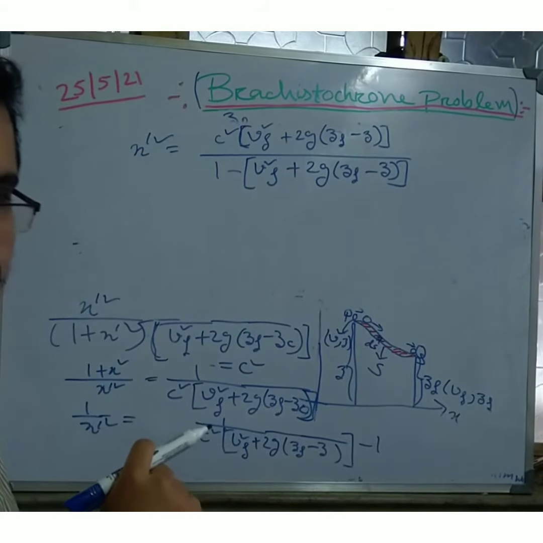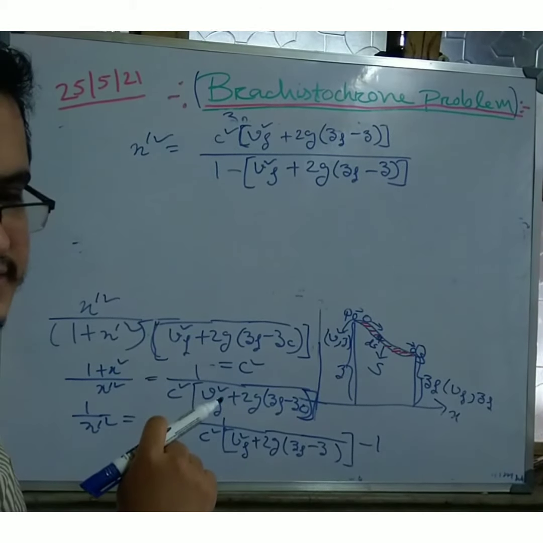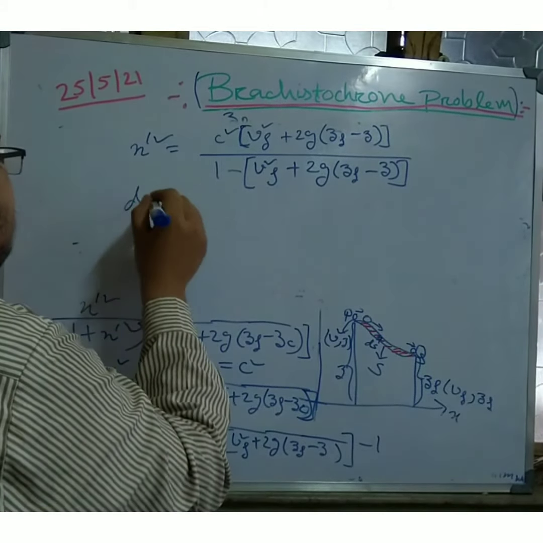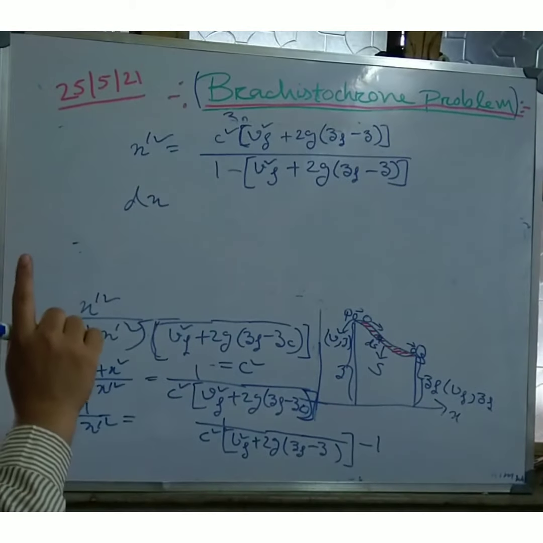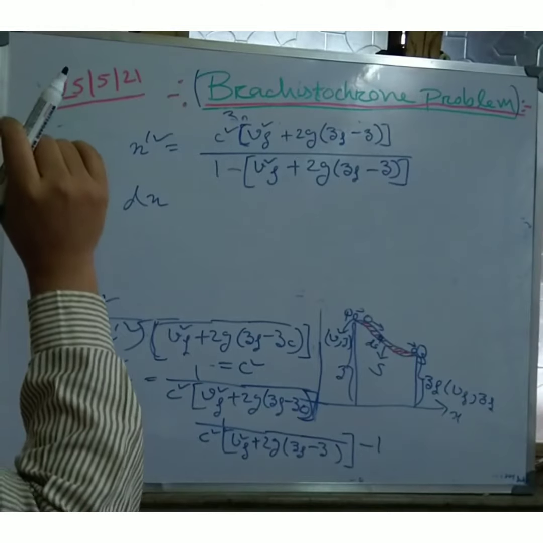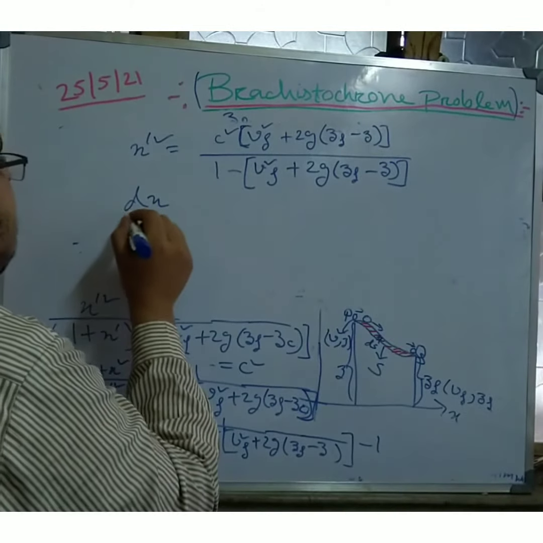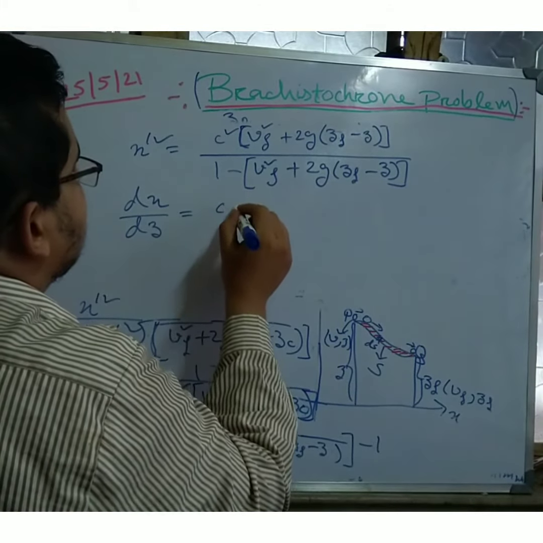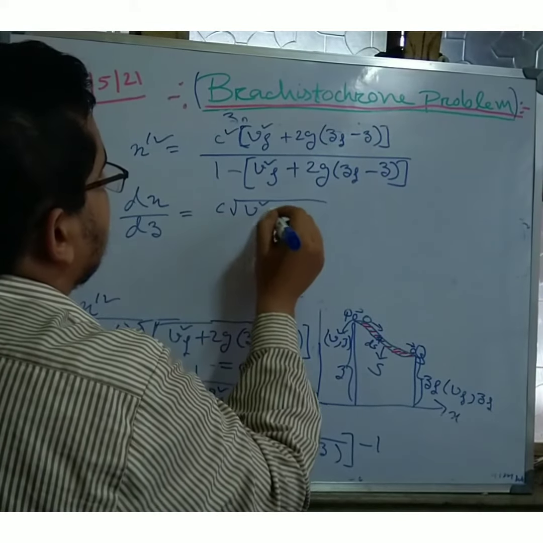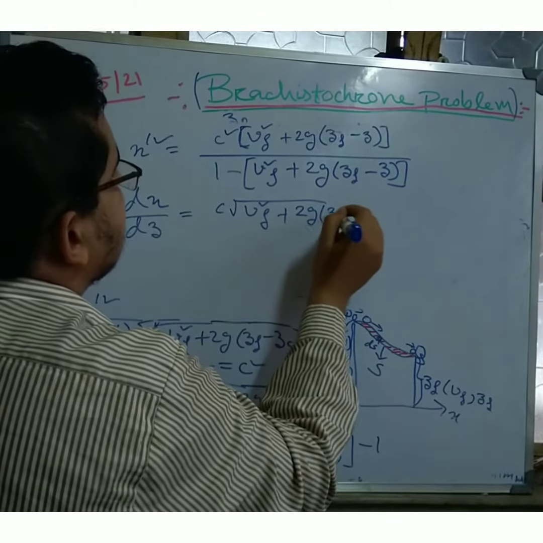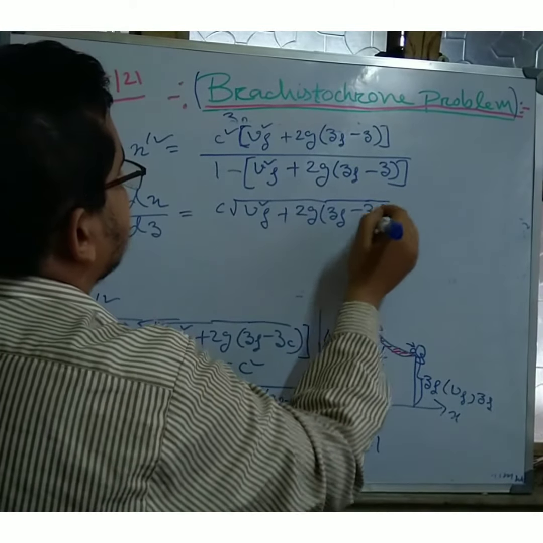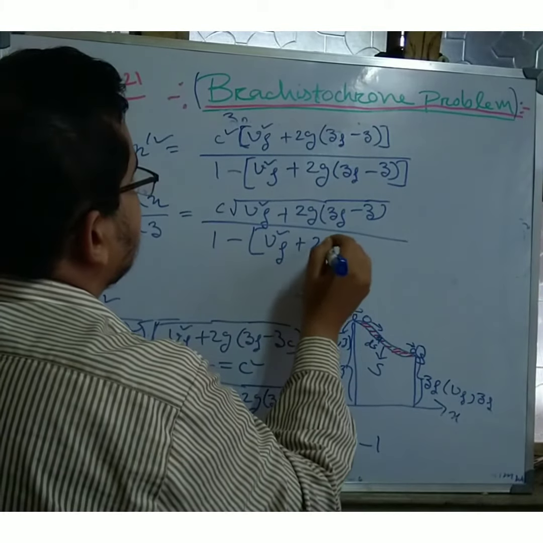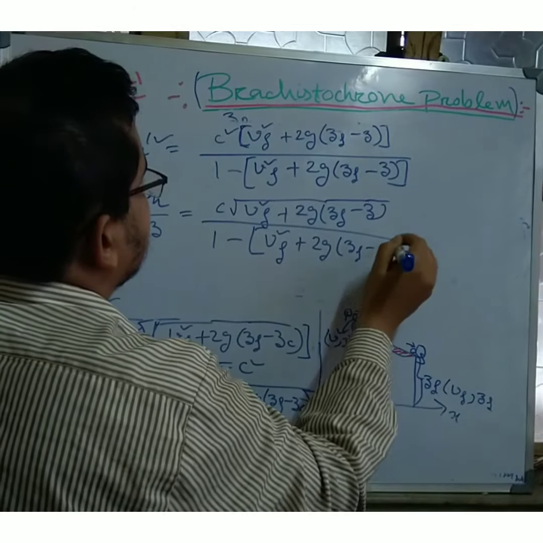And now whatever you will see that x dash means dx by dz, because I have already written this portion. dx by dz equals c root over b square f into d into zf minus j, and 1 minus b square f plus 2d into zf minus j.